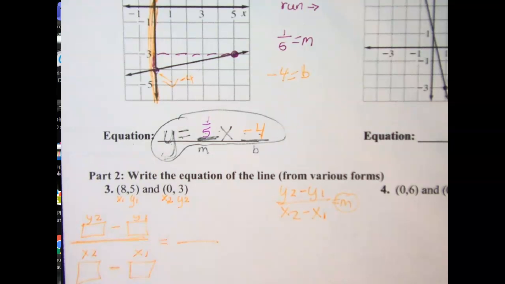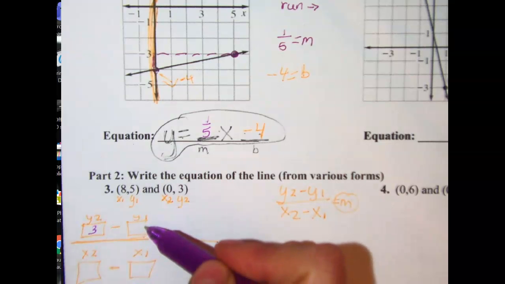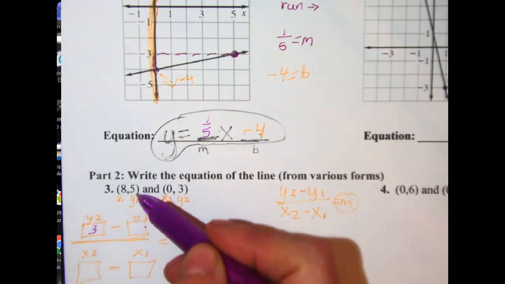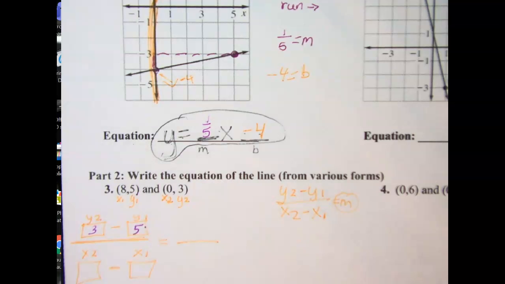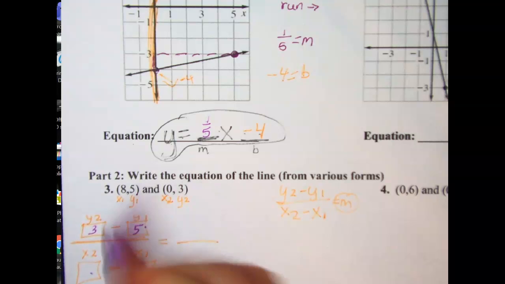So when I look at these up here, I've already labeled them. This is x1, y1. So I just go to, okay, I want my y2. So my y2 when I look is 3. I'm going to pop it in this box. And then my y1, okay, I already labeled them so I can see y1. That's my 5. Then I go to the bottom, x2. I can see my x2 is 0.